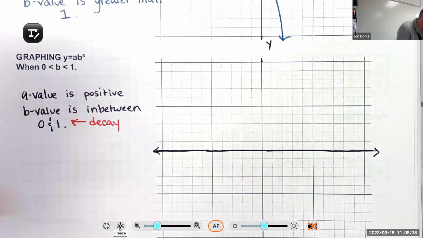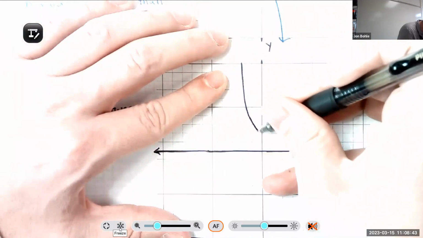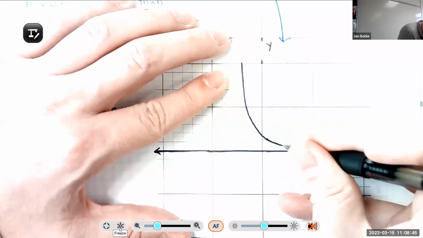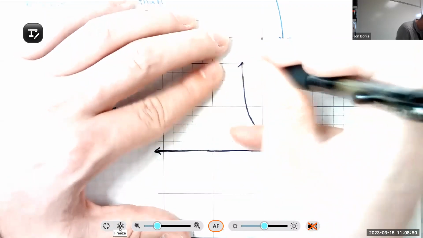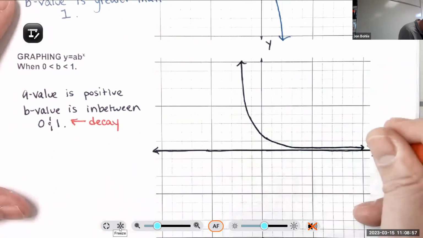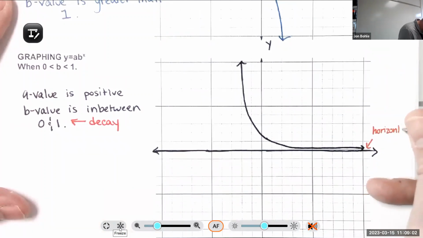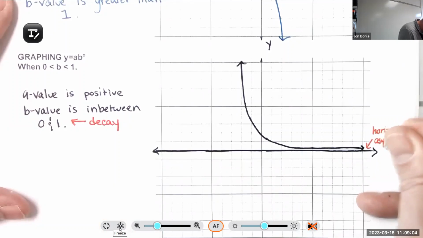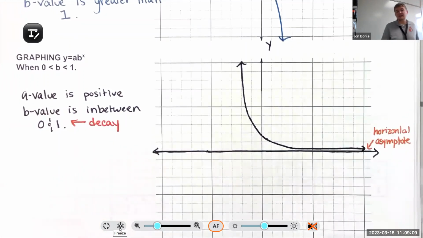And so here, what the graph does is it just kind of flips around. Now this one starts high on the left and ends low on the right, with once again another horizontal asymptote happening at the x-axis.